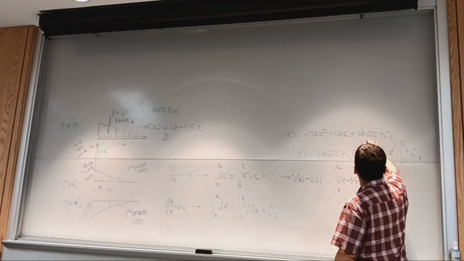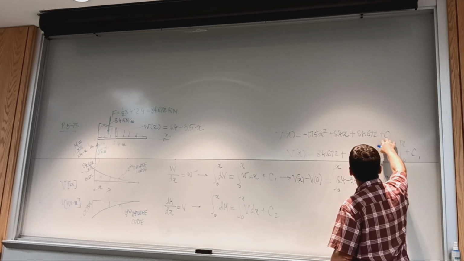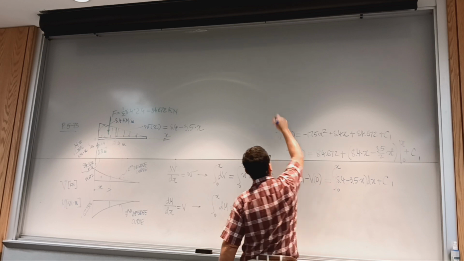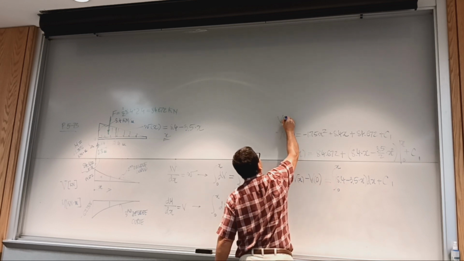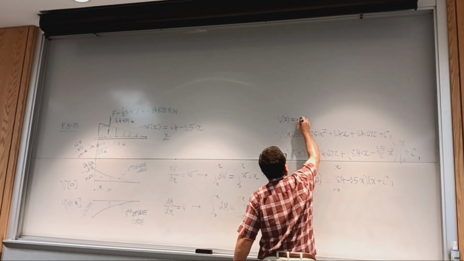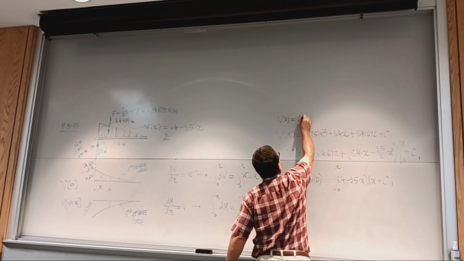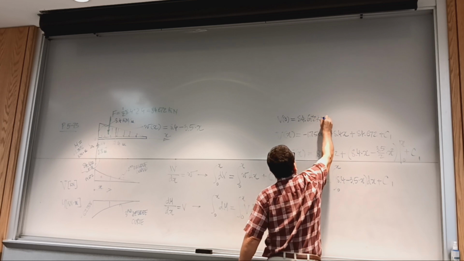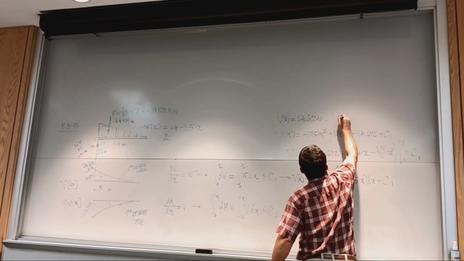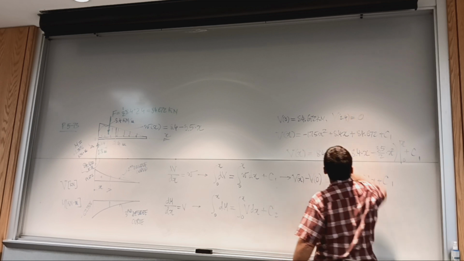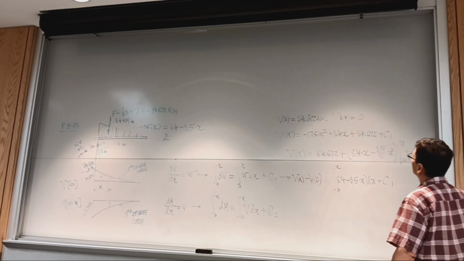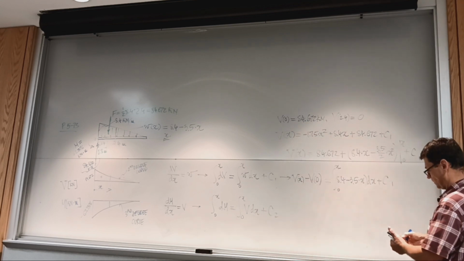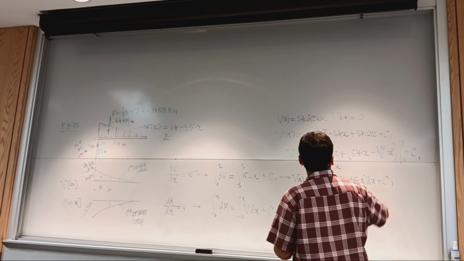So how do I clarify what C1 is? I know that V of 0 equals 84.672 kilonewtons, and V of 2.4 is going to be 0, all right? So from the first equation, actually, it's over-constraining.